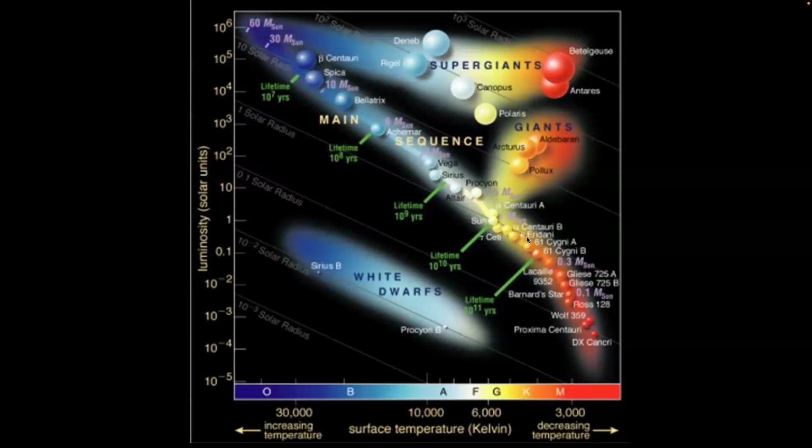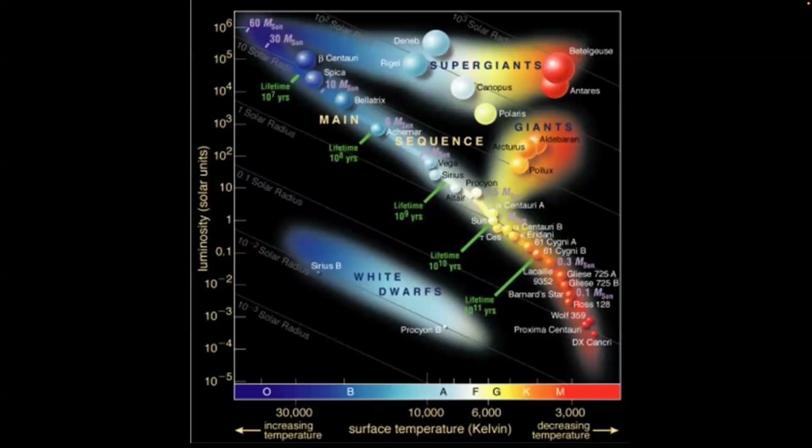So of stars on the main sequence, the hotter it is, the more massive it is. So there is a relationship between the luminosity and the mass of stars on the main sequence. So up here are brighter stars, and these are more massive. Down here we have dimmer stars that are the smallest stars.